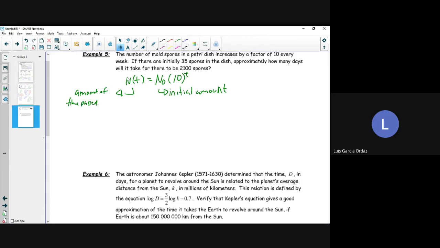And because it is given to us in weeks, we are going to try to solve for t. So N of t is the amount of spores left over, my apologies, and t is the time in weeks.